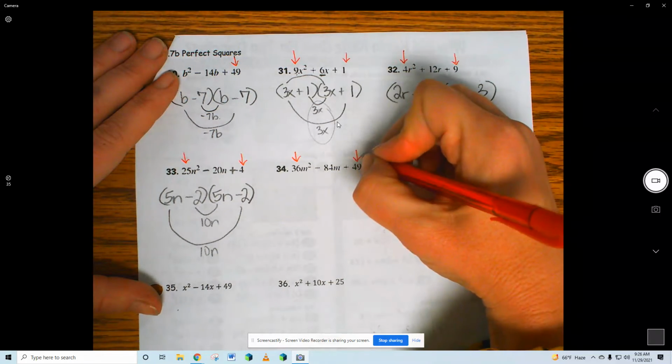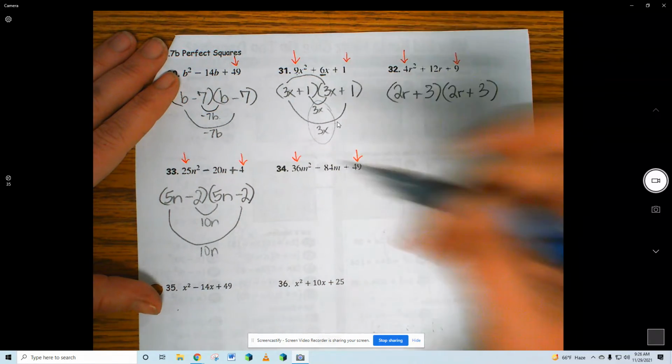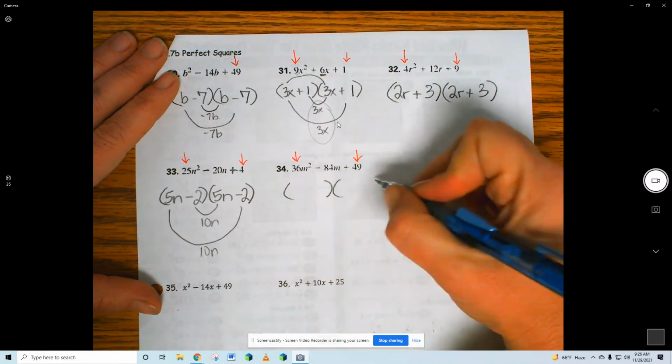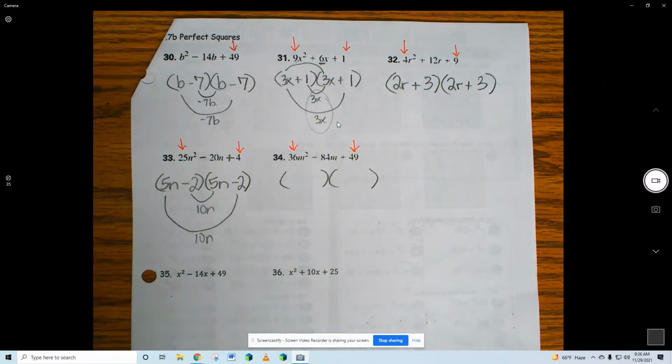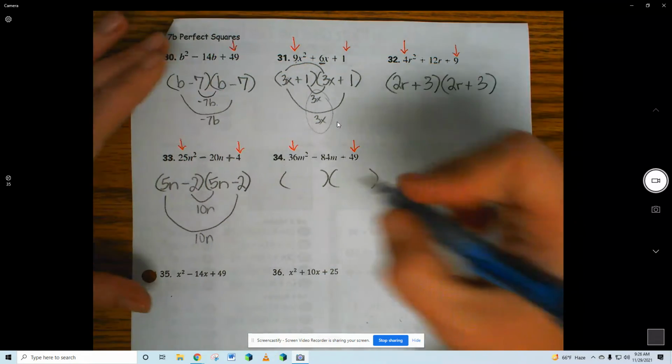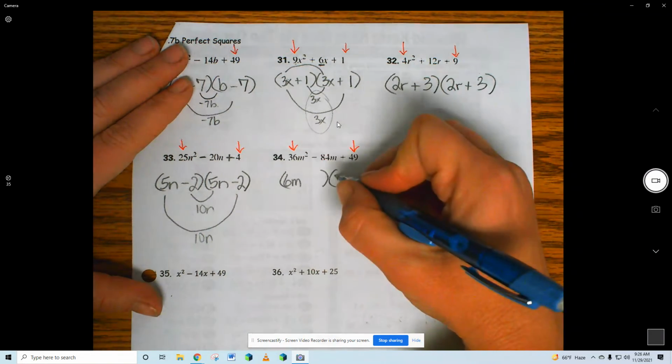36 and 49. And they have to make negative 84. You're like, whoa. Don't worry about the 84. Worry about the 36. What's the square root of 36? 6. 6m, 6m.